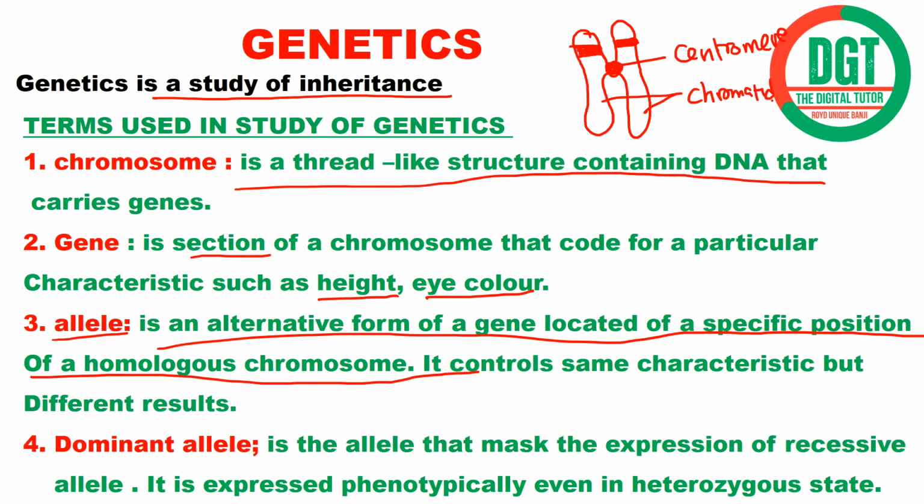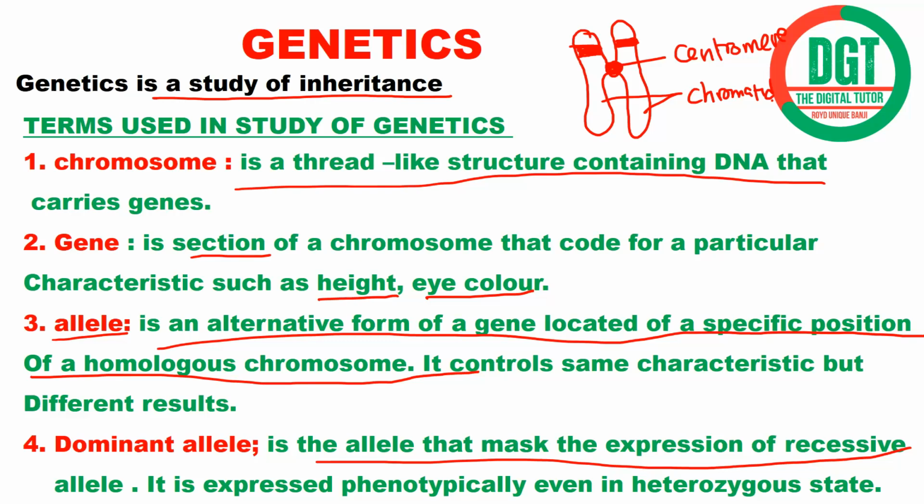So where there's a dominant allele, it is the one that now produces the phenotype, okay, determines the phenotype. So the dominant allele is the one that masks the expression of the recessive allele, and it is expressed phenotypically even in the heterozygous state.